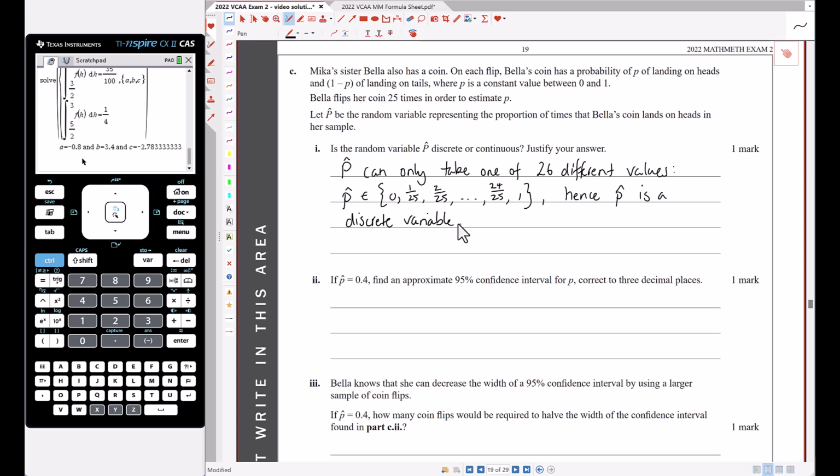So it is possible for us to count all of the possible outcomes of p hat. There are 26 of them, and therefore it must be discrete. If the possible values of p hat could be anything, then it wouldn't be discrete.